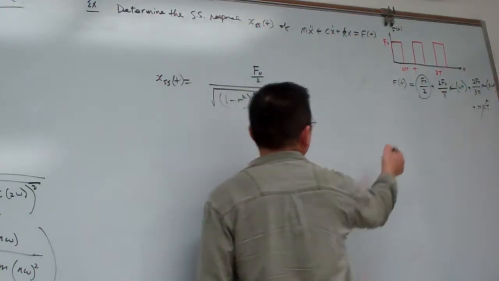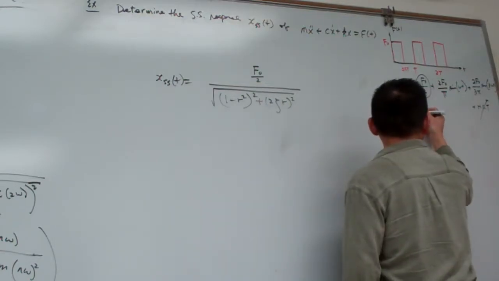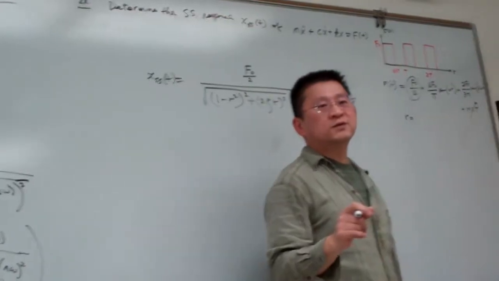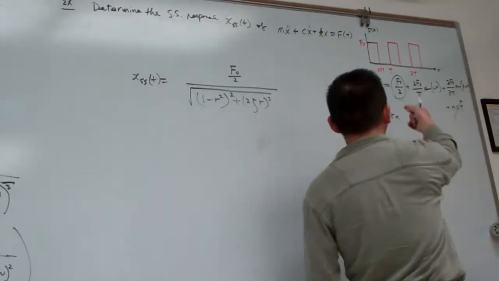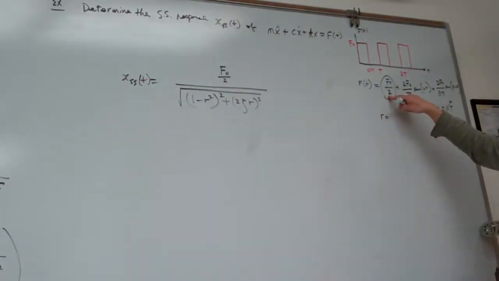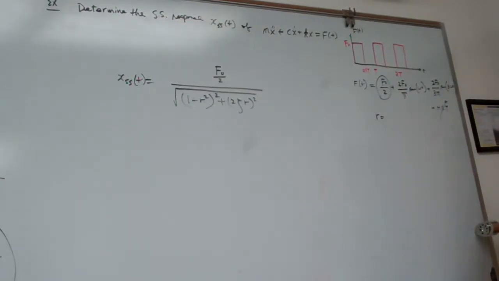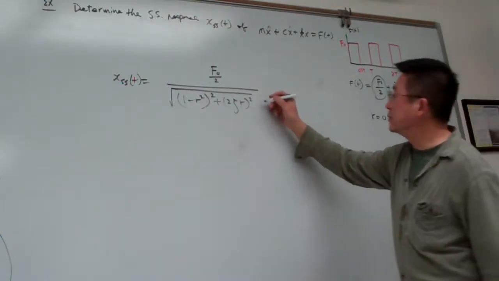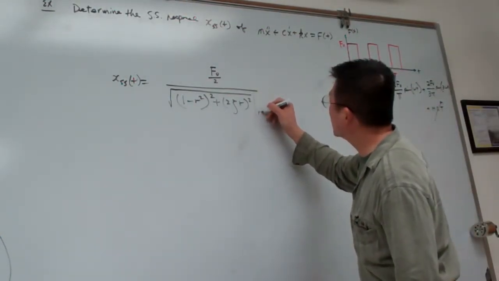For the first term, let me write it up. R, what is R? R is the ratio between the working frequency and the natural frequency. For this constant term, the working frequency equals 0, so R equals 0.